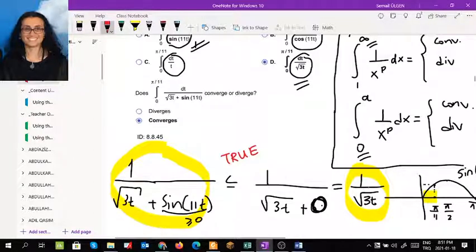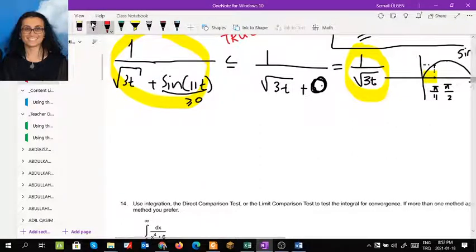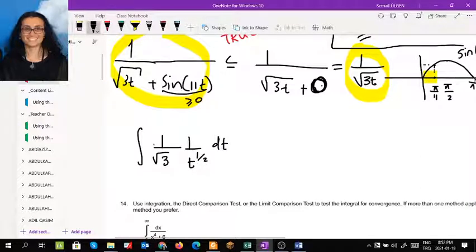But the integral here, let's analyze this integral now. The integral of 1 over, I can separate it like this to understand it better, t to the 1 over 2 dt. I'm just integrating it.